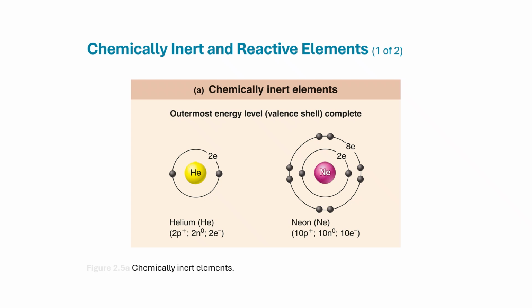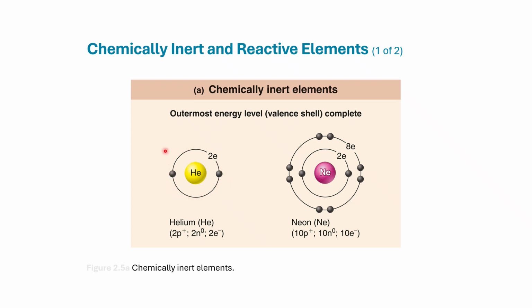This one illustrates the atomic structure of 2 elements that are chemically inert or stable, helium and neon. These are inert or stable elements because their outermost energy level, their valence shell, is complete. So helium has 2 electrons. It only has 1 valence shell, and it's got 2 in it.